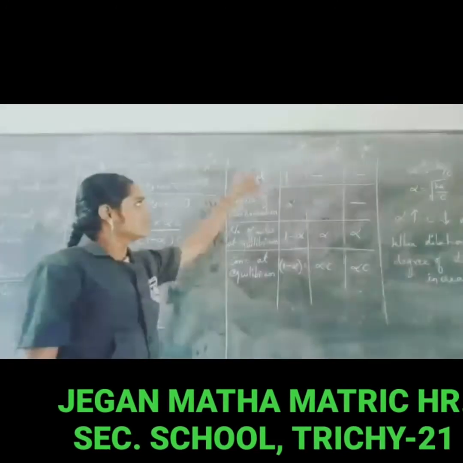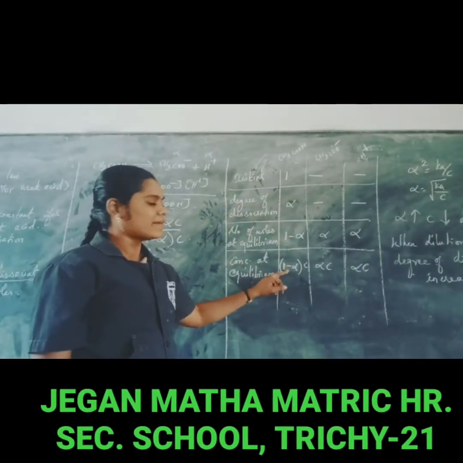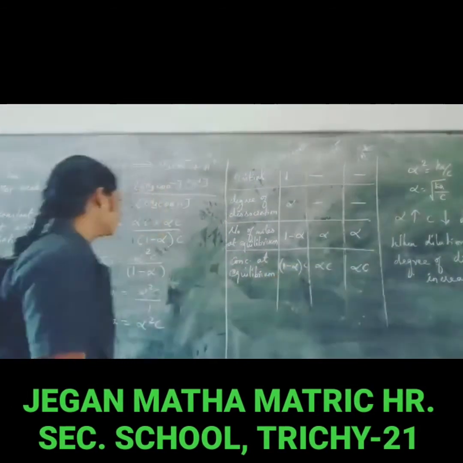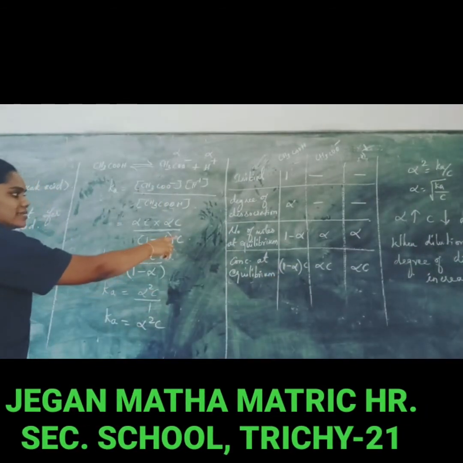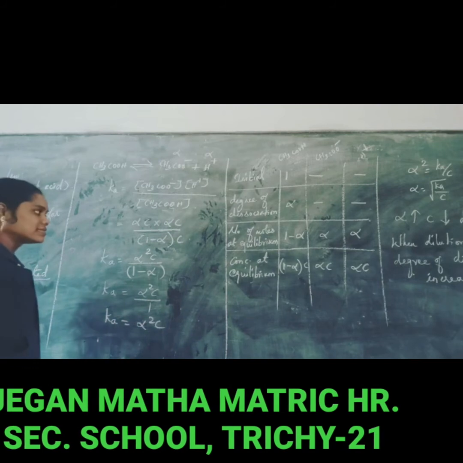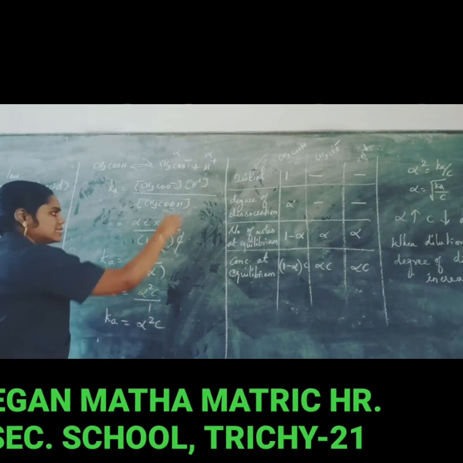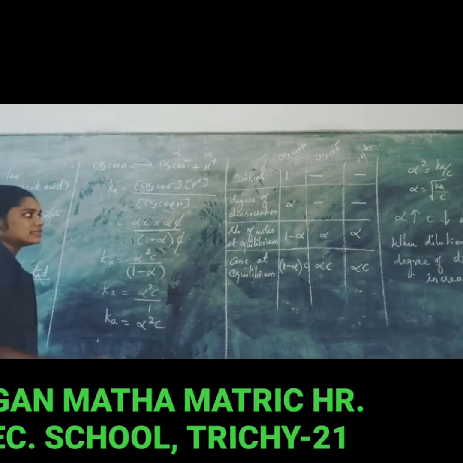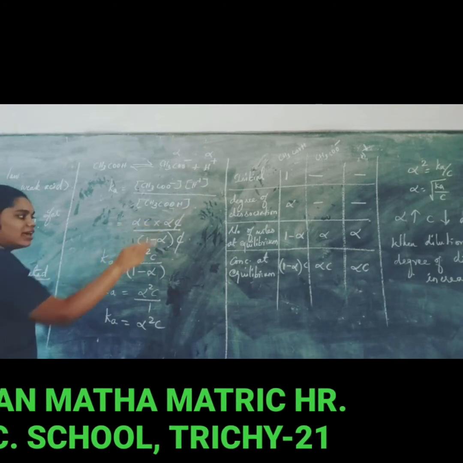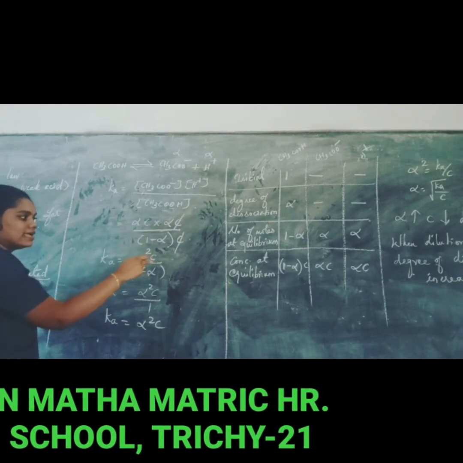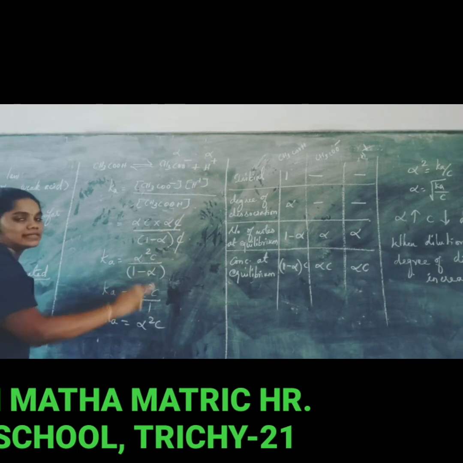The acetic acid concentration is 1 minus alpha into C. So first cancel C and C. What is remaining? Alpha into alpha, alpha square C divided by 1 minus alpha.